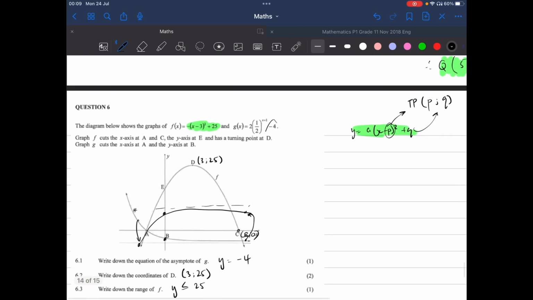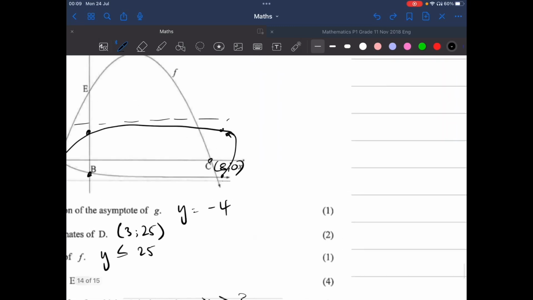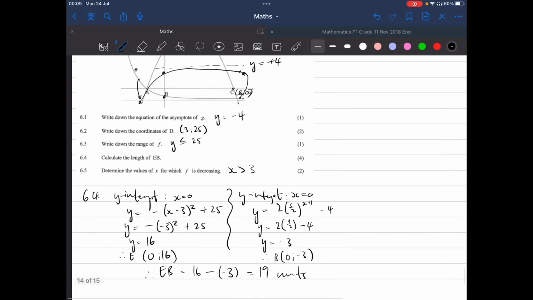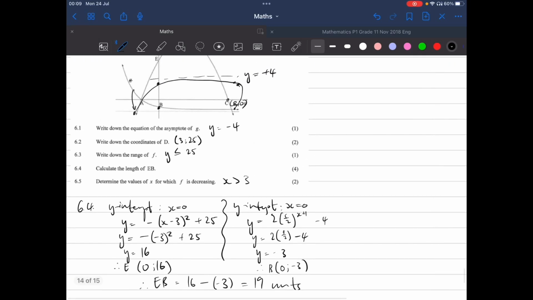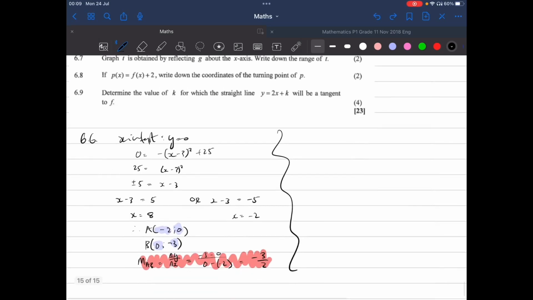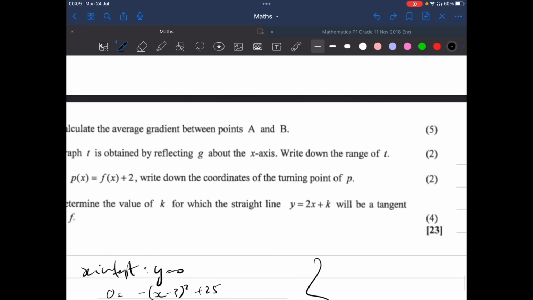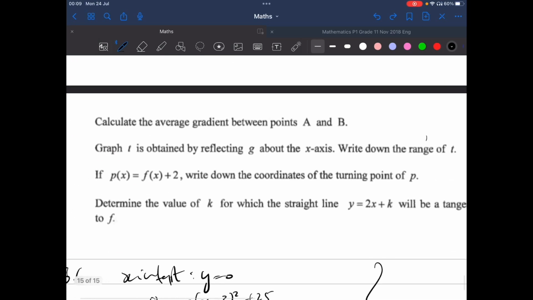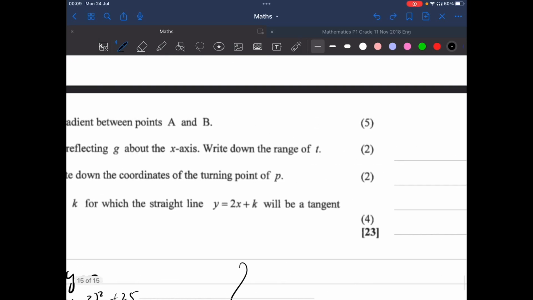Where initially it was -4, now it's going to be +4. So our range then is that y is less than 4. The range of T is y is less than 4.